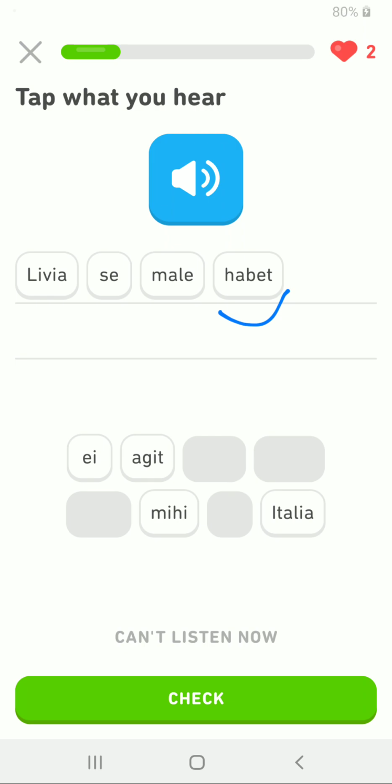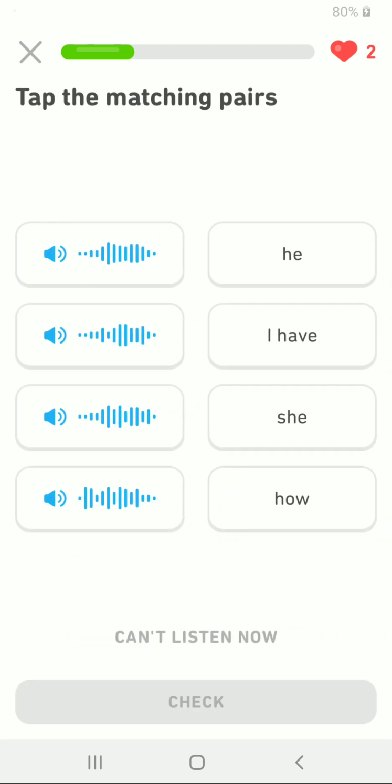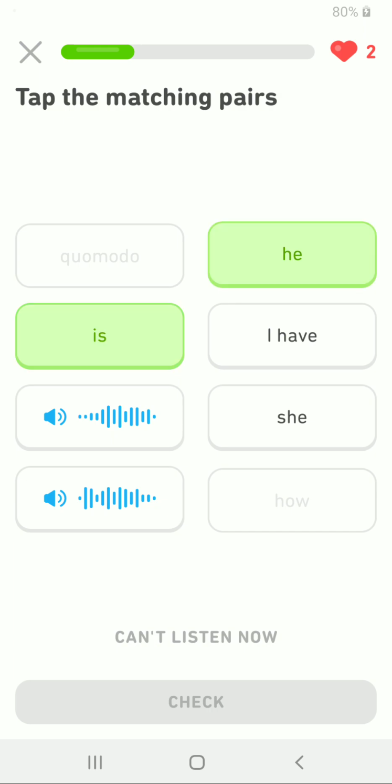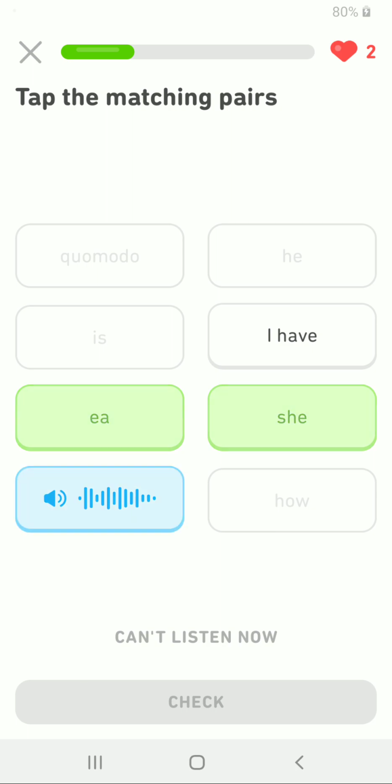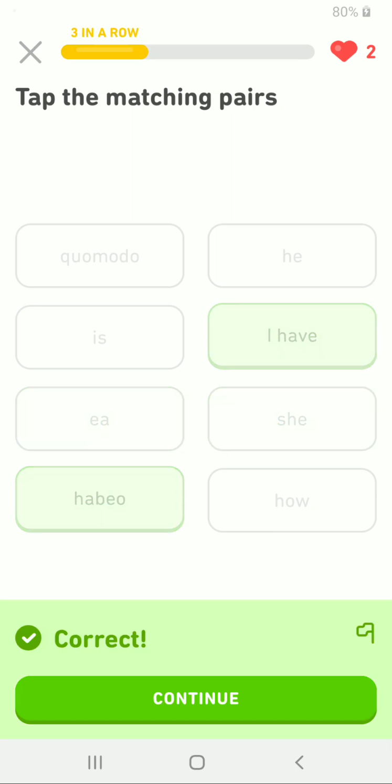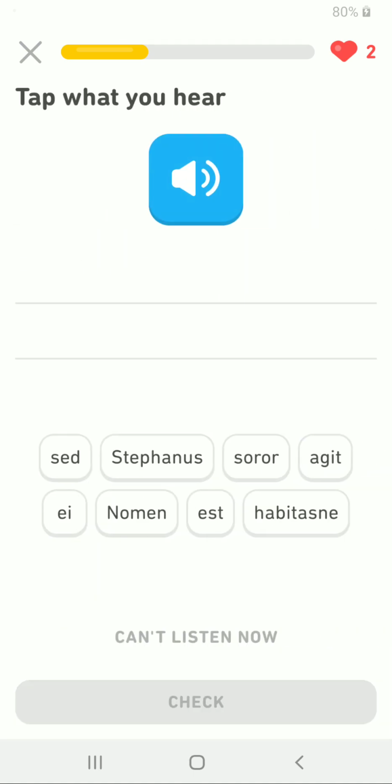So that's the conjugation. And let's see, quomodo is how. Is, it's he. Ea is she. Habeo is I have. Habes and habet, you know.